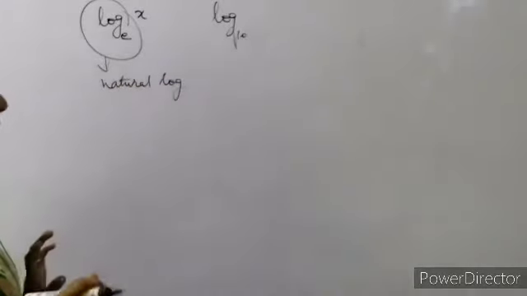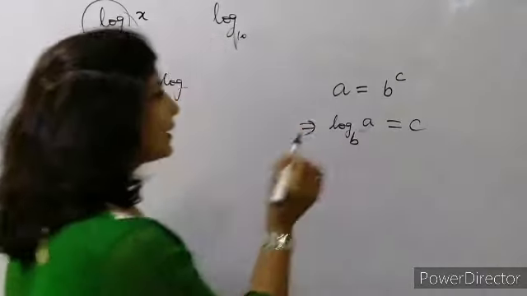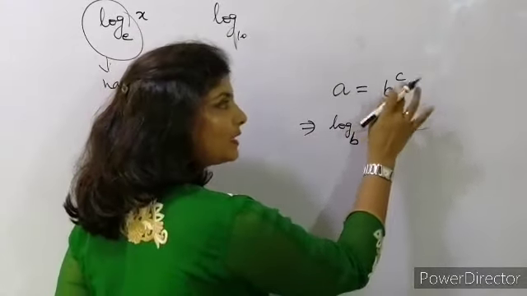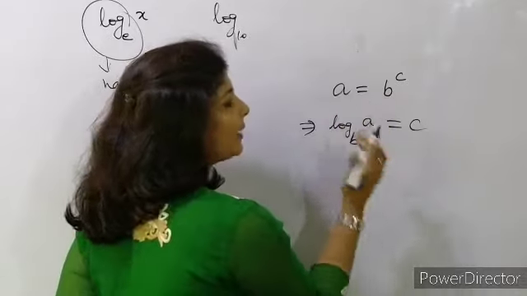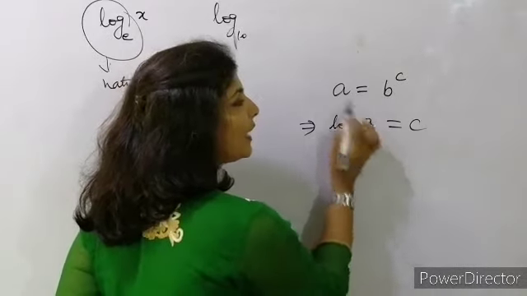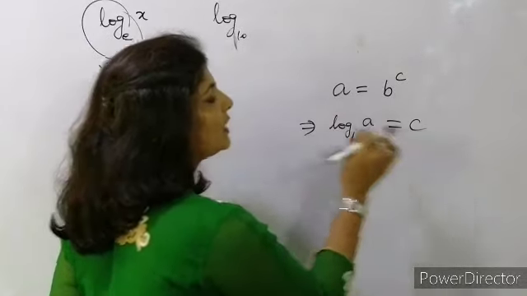And log actually works like this: if a is equal to b to the power c, how will we write it in log terms? It means log of a to the base b will be equal to c.